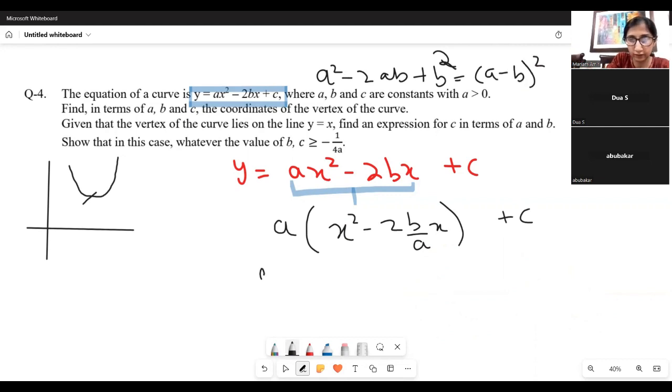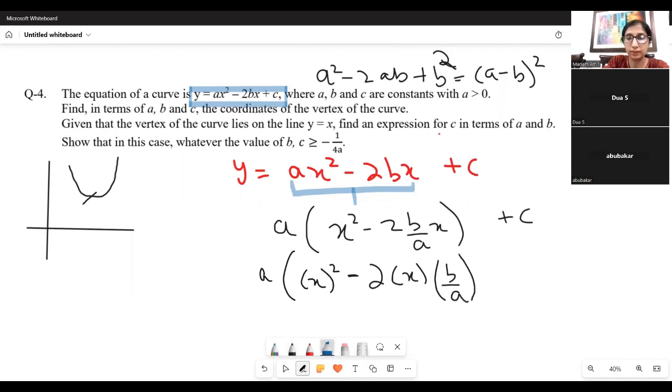Okay, now how will we do this? We already have x square, because that's x square minus 2 times x times b by a, and that means our b is b by a. So now write it in the a square minus 2ab form. But we also need plus b square. So plus b square is going to be plus b by a whole square.